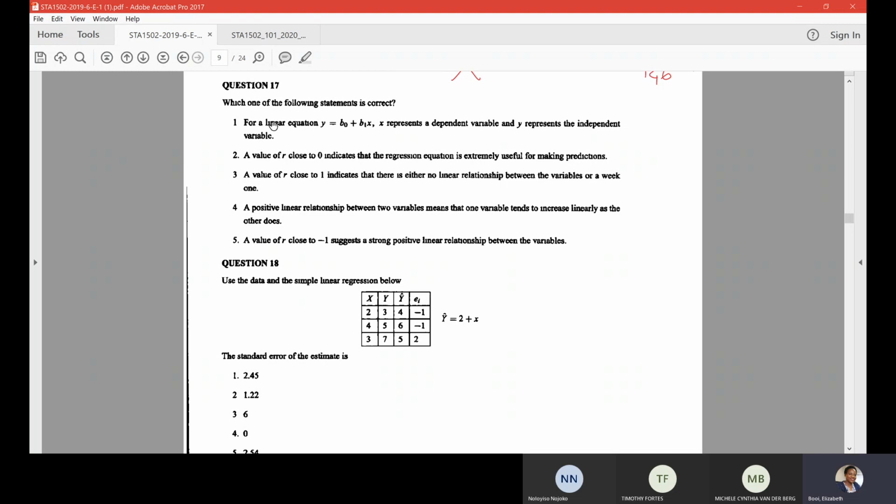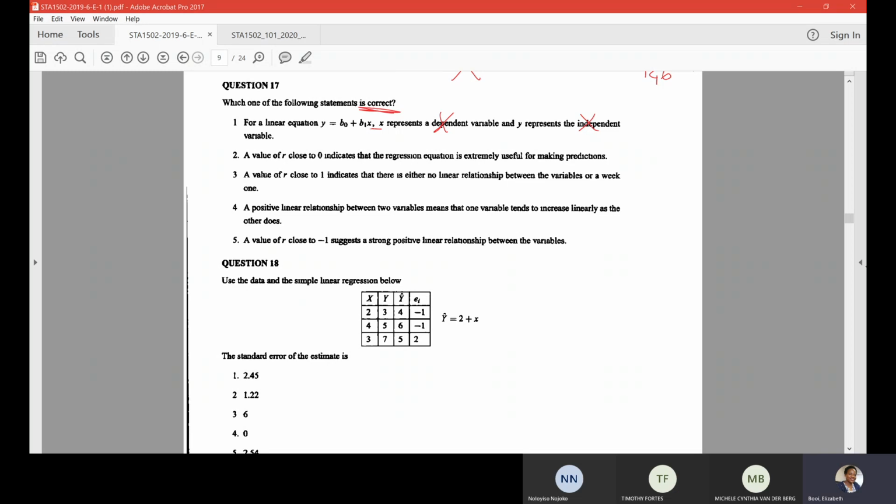With linear regression, this is the equation of a straight line. Always we need to know that our x represents the independent variable, so that is not correct. And our y will be our dependent variable. That is not correct. We're looking for the correct answer.